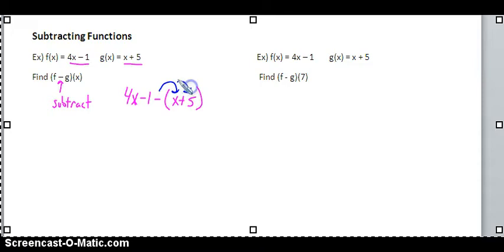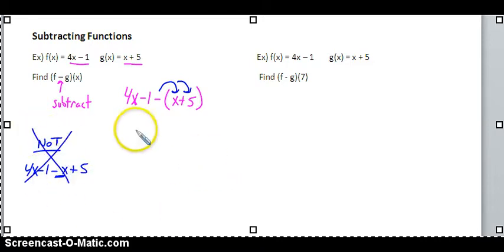If I wrote it like this, 4x minus 1 minus x plus 5, this is not how I should do it. This is just telling me to subtract the x, whereas the correct way tells me to subtract the x and subtract the 5. So make sure that you're putting that set of parentheses around whatever the second term is that you're subtracting. We don't want to do it that way.